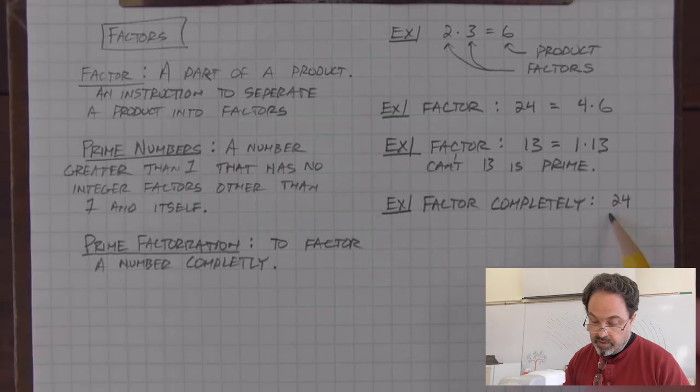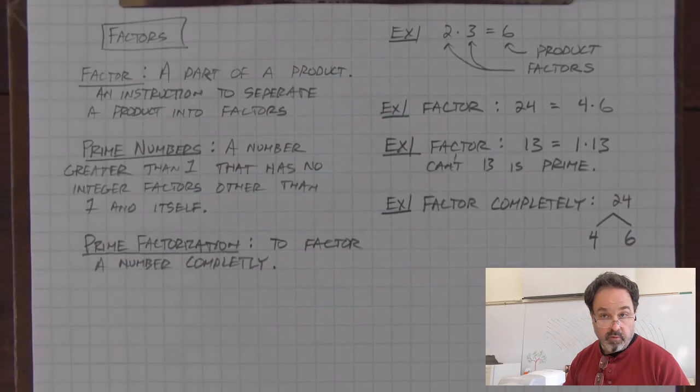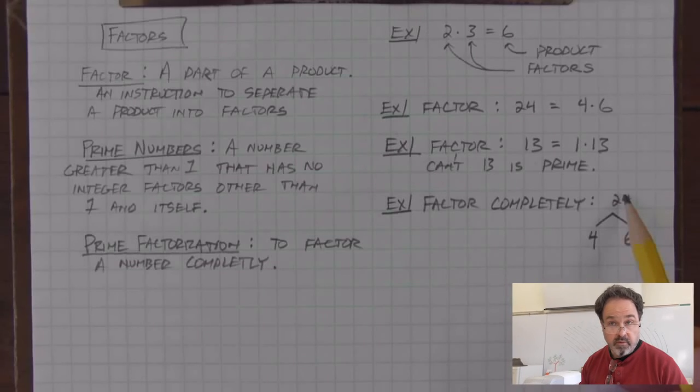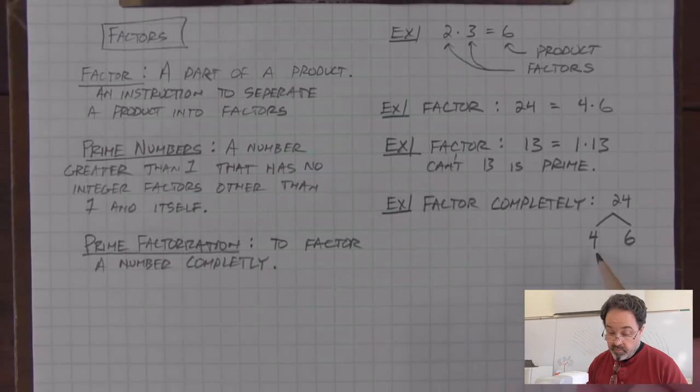I'm going to make a tree to organize factoring 24. I'm going to make branches and start with what I already know are two factors of 24, 4 and 6. 4 times 6 make 24. But 4 can be factored further because I can express 4 as the product of 2 and 2.